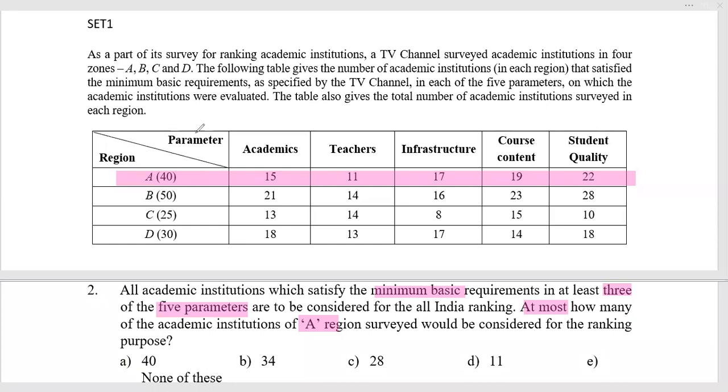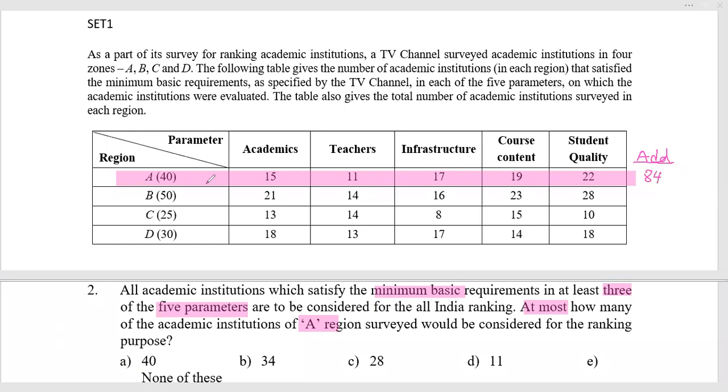Now in region A, I will consider that 40 students are there, sitting, those who are region A students. And out of that, 15 have received academic chocolate, 11 have received teachers chocolate, infrastructure chocolate is 17. In this way, all these given, adding the sum of them, it is coming as 84.